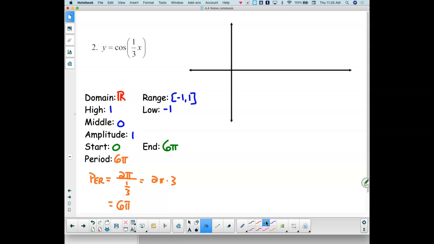Cosine, with positive values all around, starts up, ends up. Half of 6 pi is 3 pi.